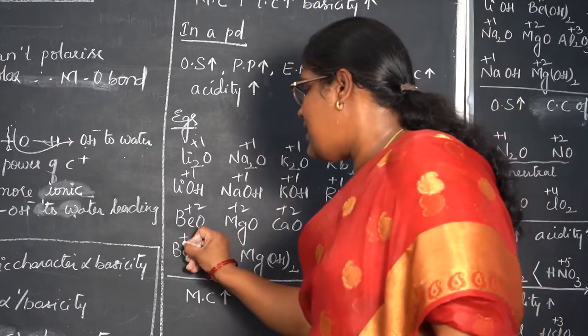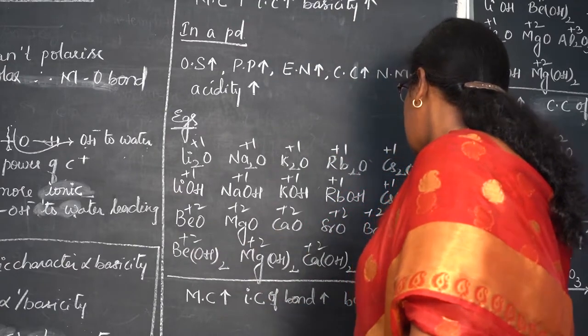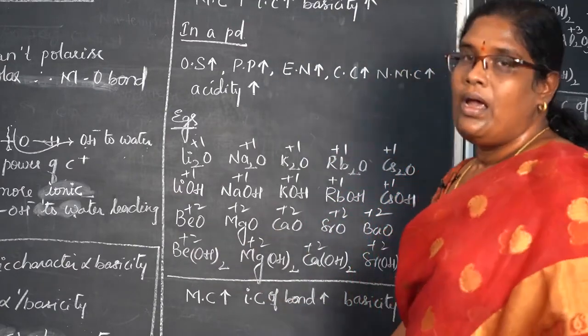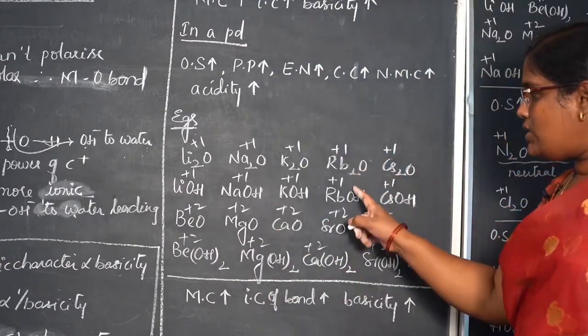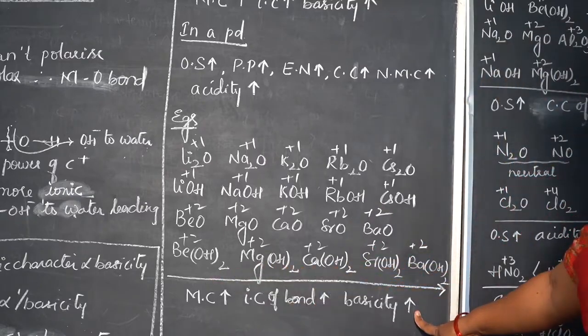Metallic character is increasing, so ionic character increases, basicity increases. So in the group of oxides or hydroxides, basicity is increasing.